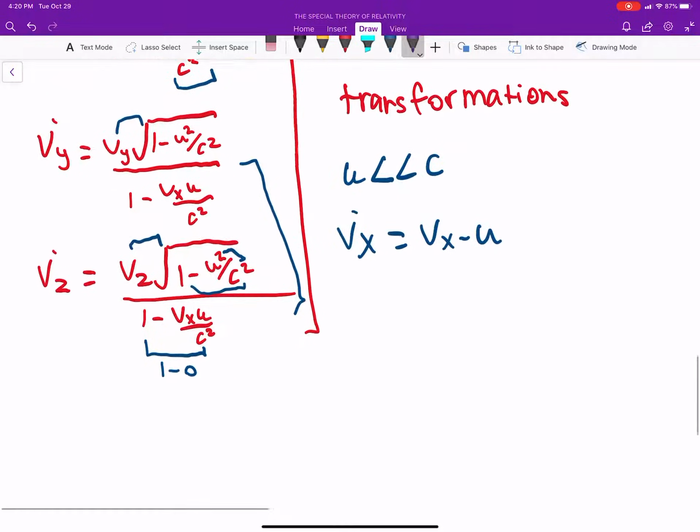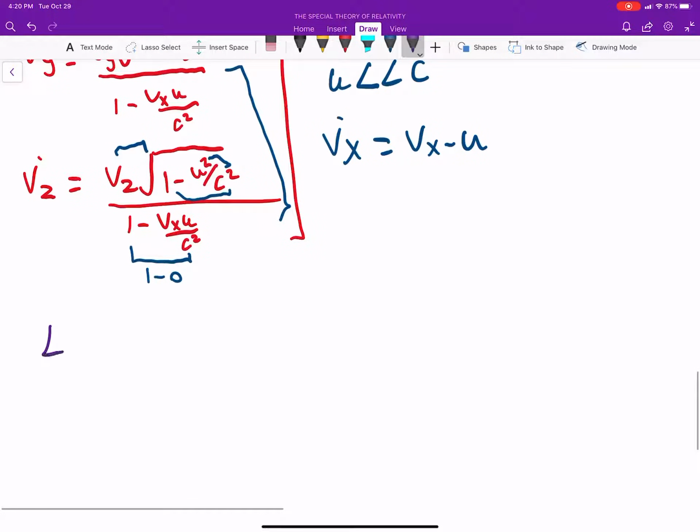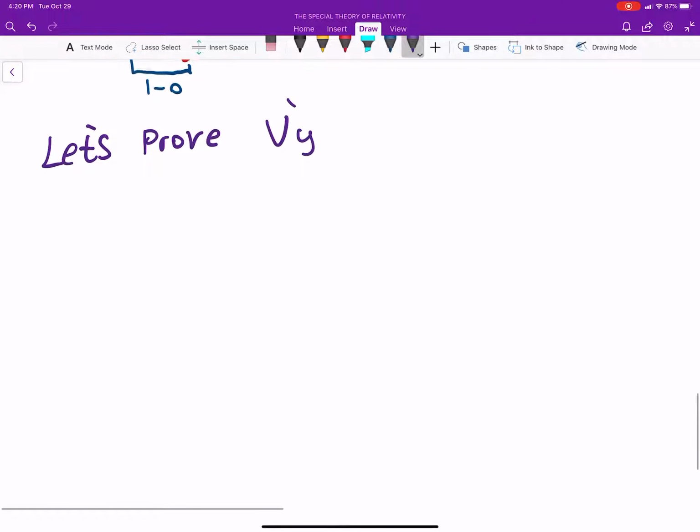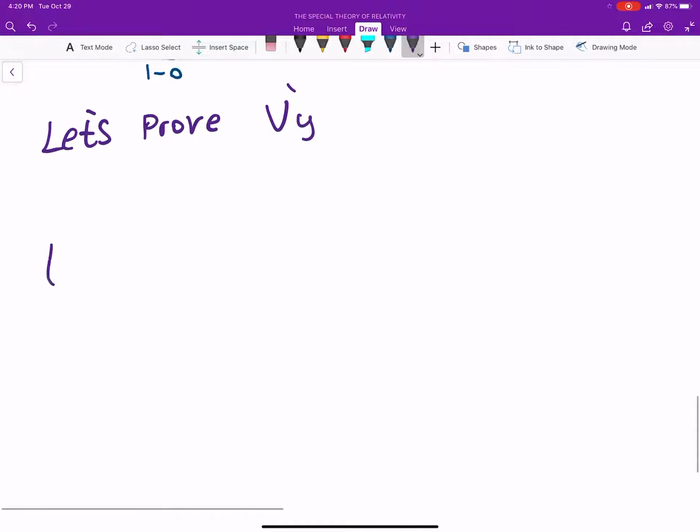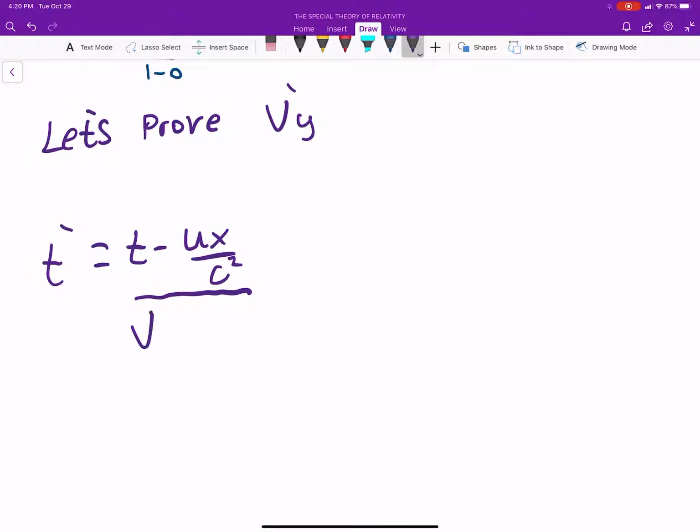So first off, let's prove V prime y. Now, if you remember, we said that t prime is equal to t minus ux over c squared, all over the square root of 1 minus u squared over c squared.